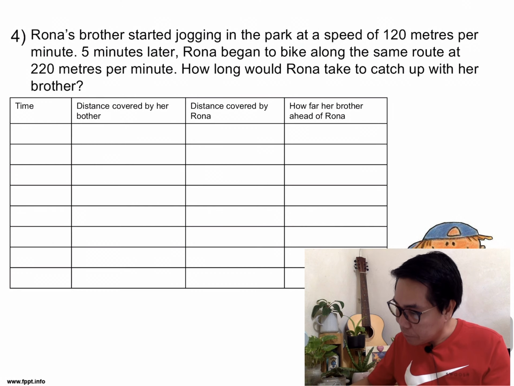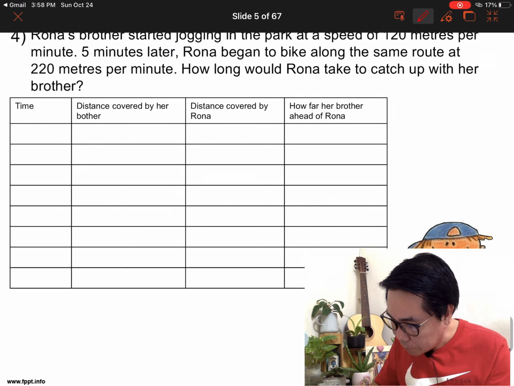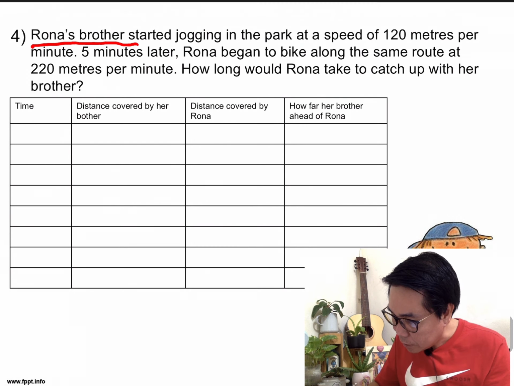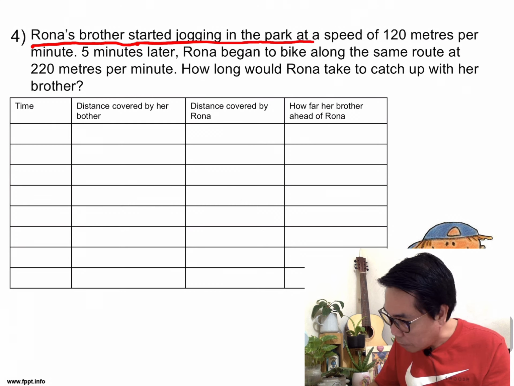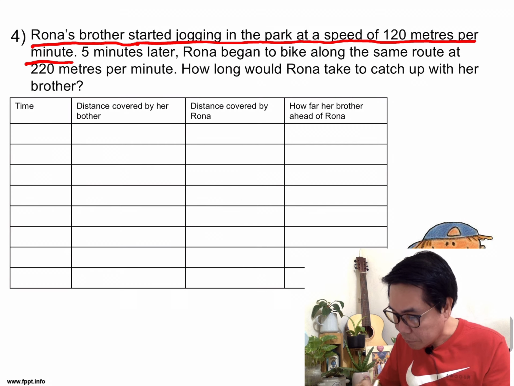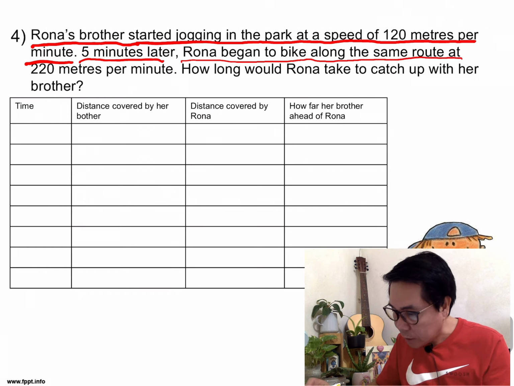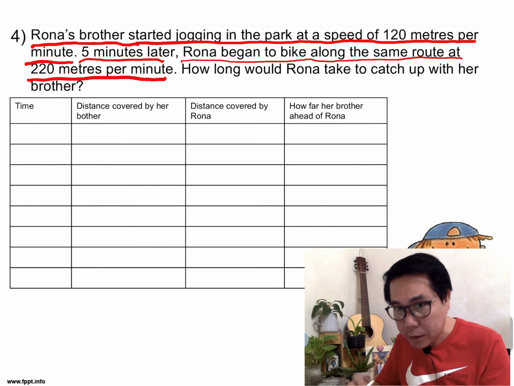Rona's brother started jogging in the park at a speed of 120 meters per minute. 5 minutes later, Rona began to bike along the same route at 220 meters per minute.